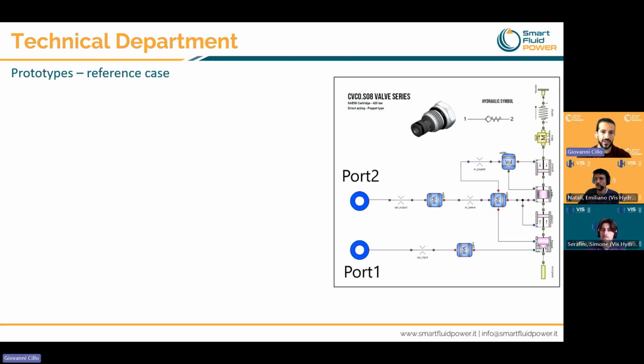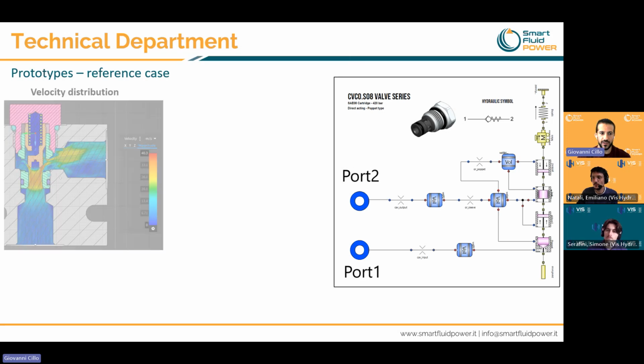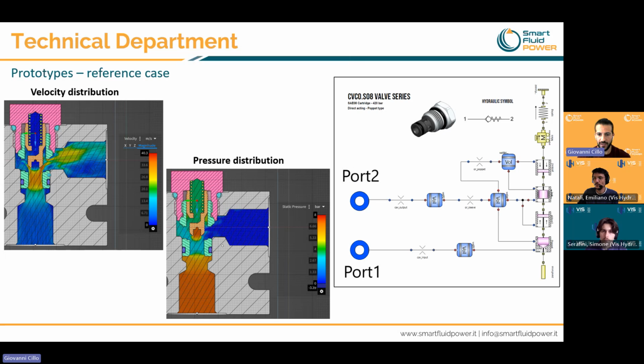We begin with the prototyping activity and return to our guiding case. Here we used a detailed model of the C0 in which we can calibrate, for example, pressure losses. Through CFD simulations, we can evaluate the impact of internal geometry already in the design stage. This image shows the distributions of velocity and pressure.